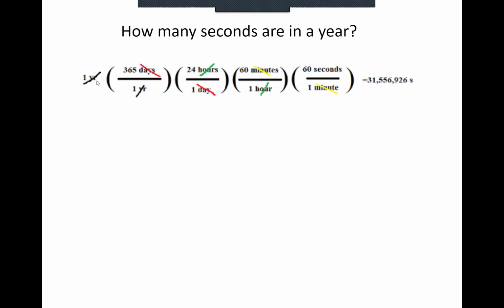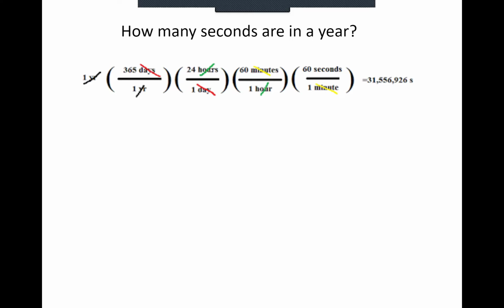Notice how the unit year crosses out. You see the black slash marks? If you start with a year, and in the first set of parentheses, year goes in the denominator, then that unit year goes away. Days, look at the red slash marks. If the unit day appears in the numerator in the first set of parentheses and in the denominator in the second set of parentheses, that unit goes away.